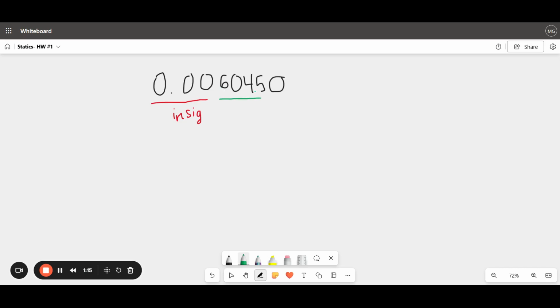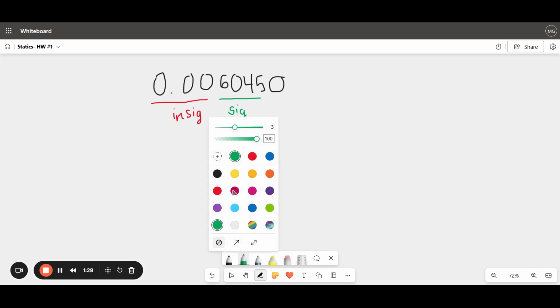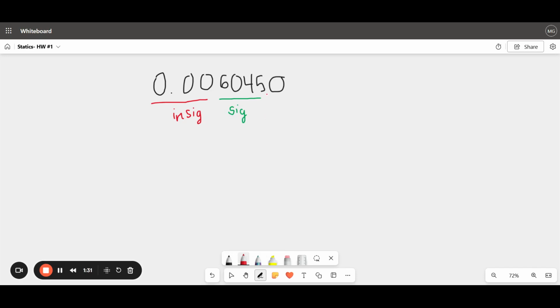So any full-on digits or zeros in between, that's going to be significant. And this 0 afterwards is also going to be insignificant. So this is just the main framework when you're learning it.